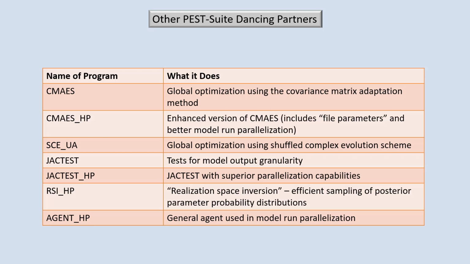Realization space inversion, well, that's a little bit like an ensemble smoother, an efficient way of sampling the posterior probability distribution of parameters. And a generalized agent to assist in undertaking model runs in parallel.